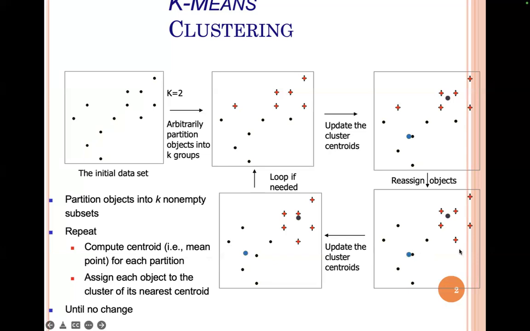Otherwise, if it changes, then we have to take the new mean as the centroid, and accordingly we find the distance of each point to the current mean, right?